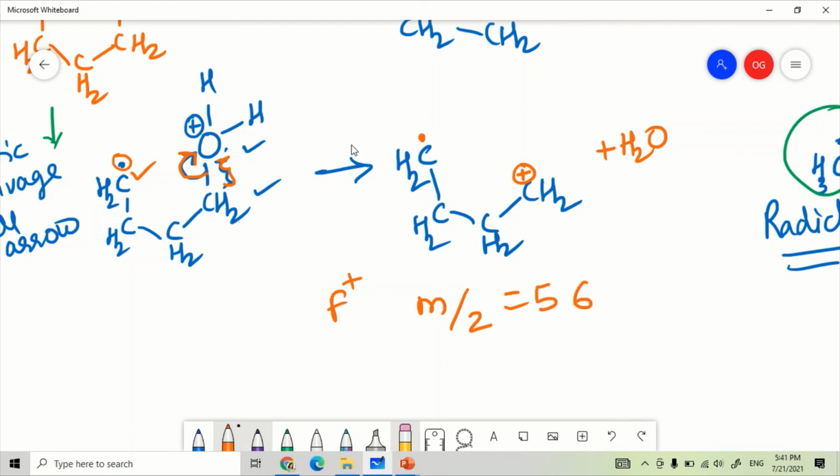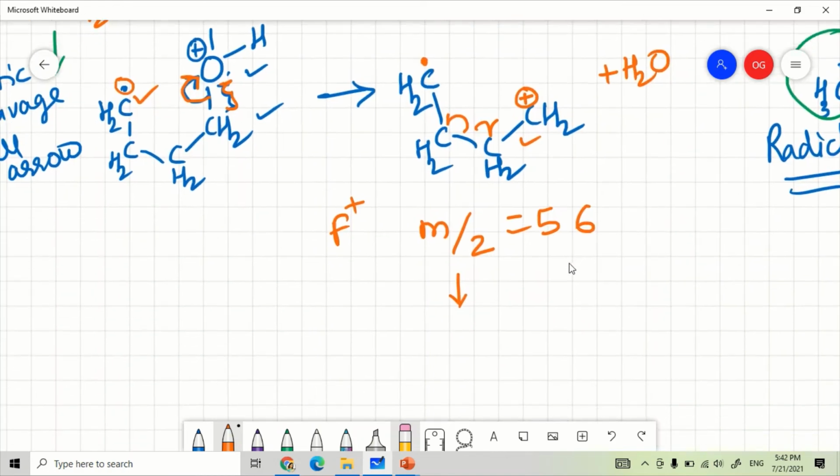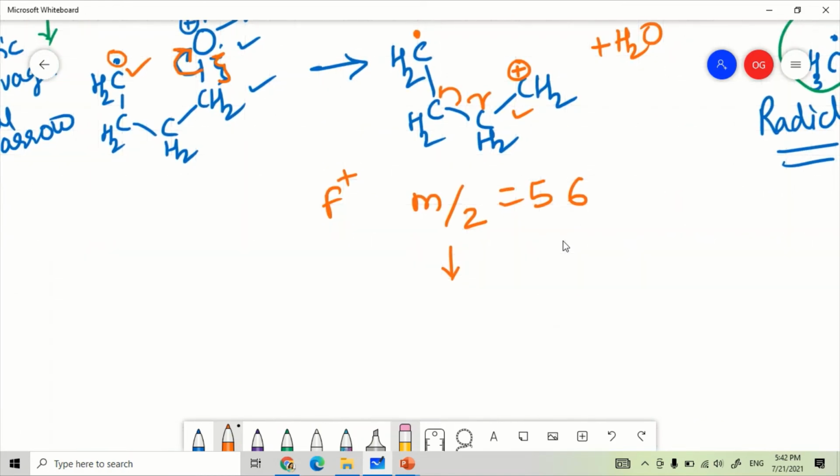And yes, further fragmentation you can always show, you can show fragmentation here or here, not a problem. Okay, because we are doing this theoretically, but all these ions will be forming in the ionization chamber of the instrument.